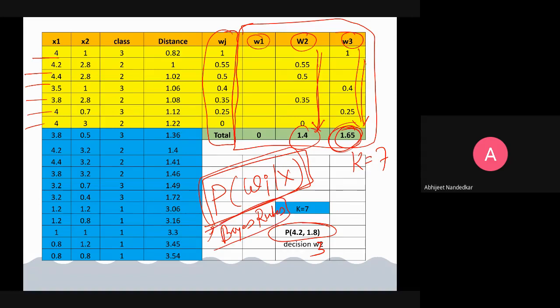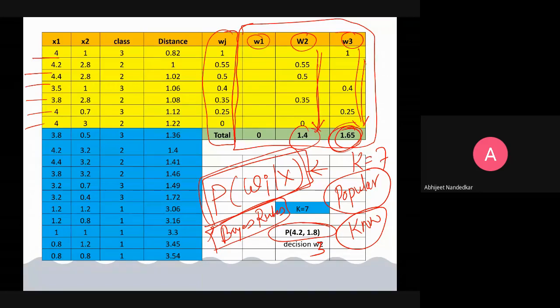So we will go with the Bayes rule, but we will not estimate the likelihood and then compute the posterior. That step is avoided, and that's why this is very popular.